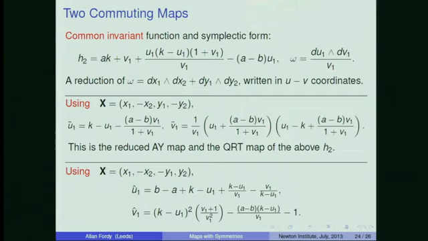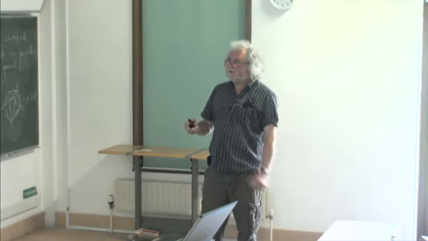So it's a simple process. If you've got this structure in 4 dimensions, then you're almost certainly going to be able to reduce down to two dimensions. And if you do this with 2 different x's, you'll get commuting maps in 2 dimensions.